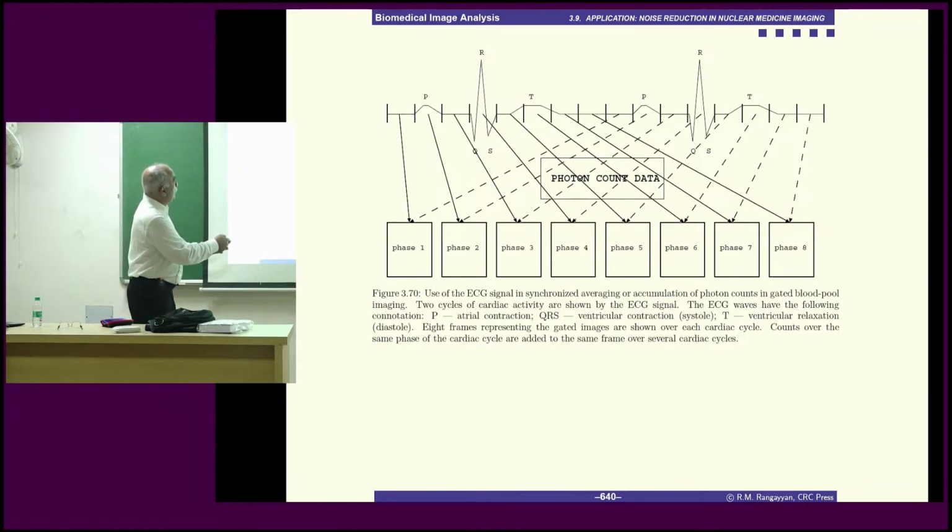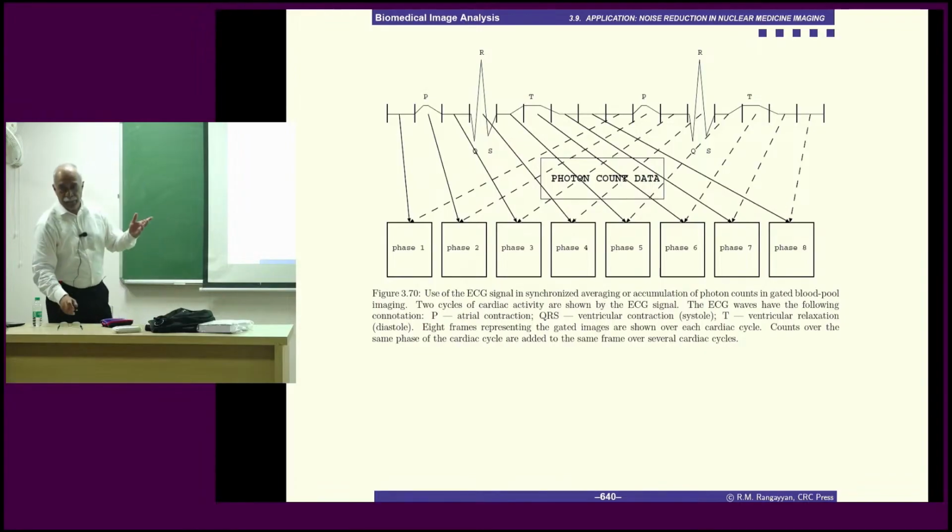So it acquires the image and puts it there, and the next window of how many ever milliseconds, you can divide the cardiac cycle into 8 parts or 6 parts, not 50 parts, and then take that and put it here and the next and here and so on. And when the next beat comes, that QRS complex, that window data will go to the same phase as for that beat. So for every beat, when the QRS comes, the data will come to the same buffer.